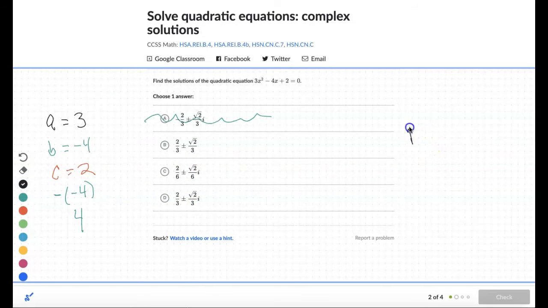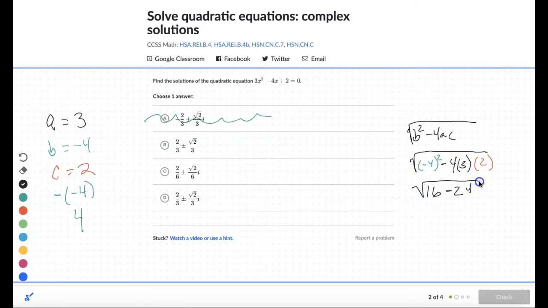That'll be, once again, our b squared minus 4 times a times c, or in our case, a negative 4 squared minus 4 times 3 times 2. And in this case, we're going to get 16 minus 24, or a square root of a negative.